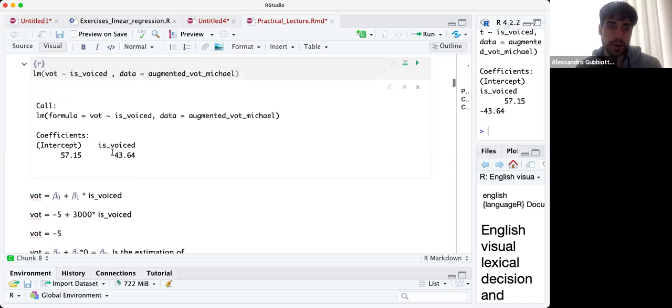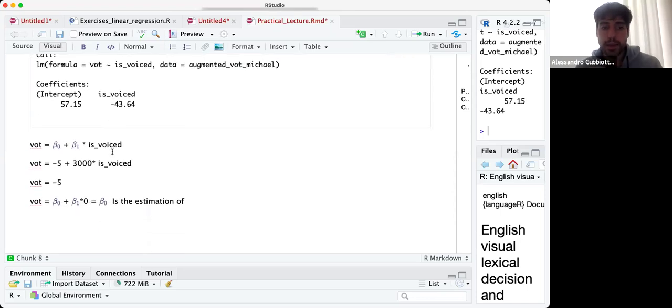Here we are doing a better estimate for each value of the consonant, but yes, it's still an estimate.